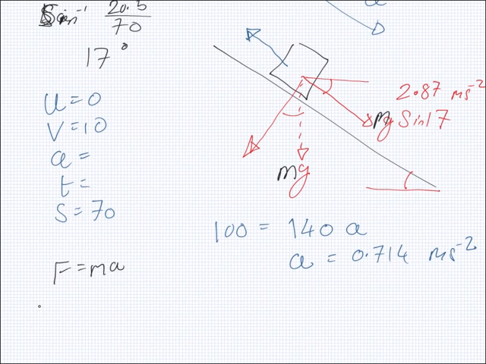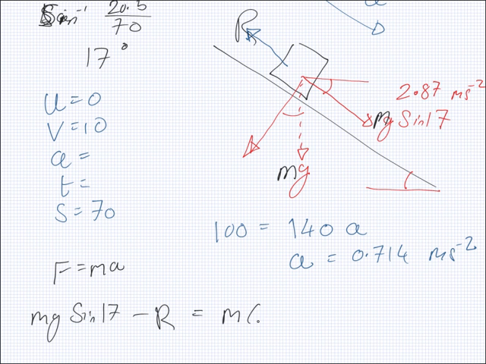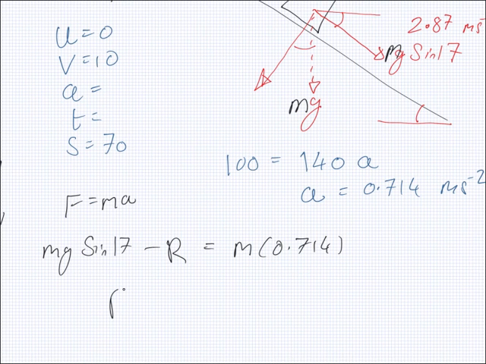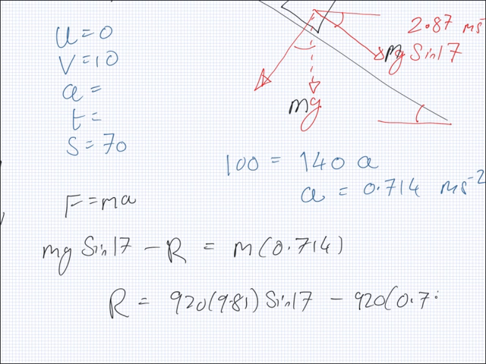So the F is mg sine 17 minus this force, I'll call it R, minus R. That's equal to ma. So the R will equal, what's the m here? 920 times 9.81 times sine 17 minus 920 times 0.714.